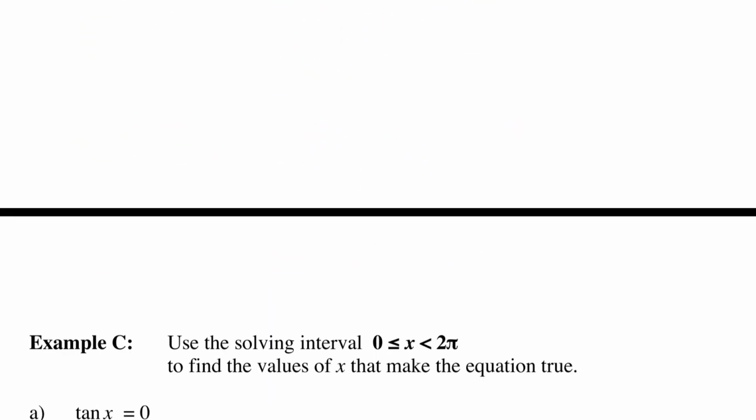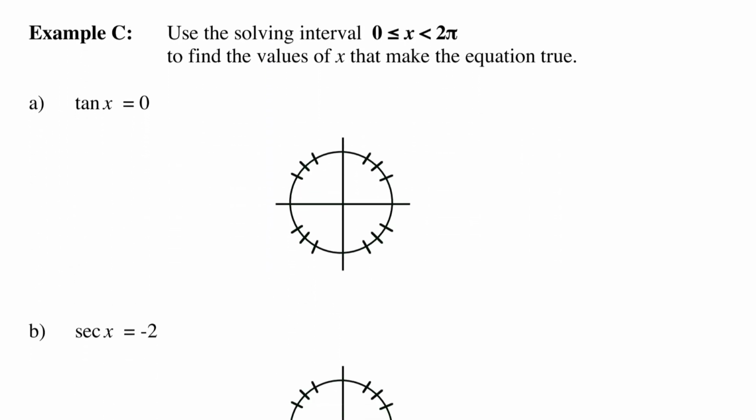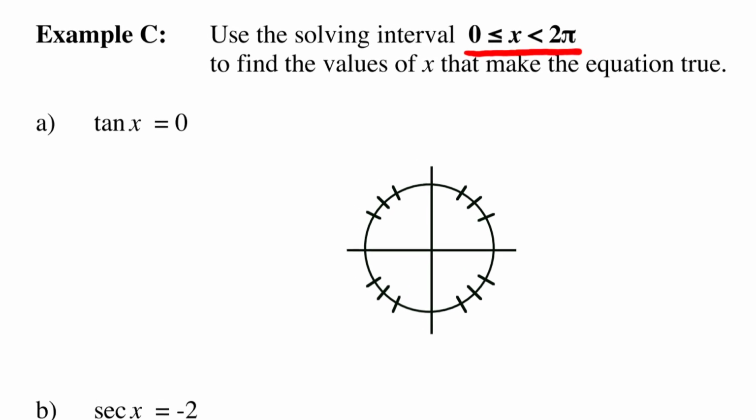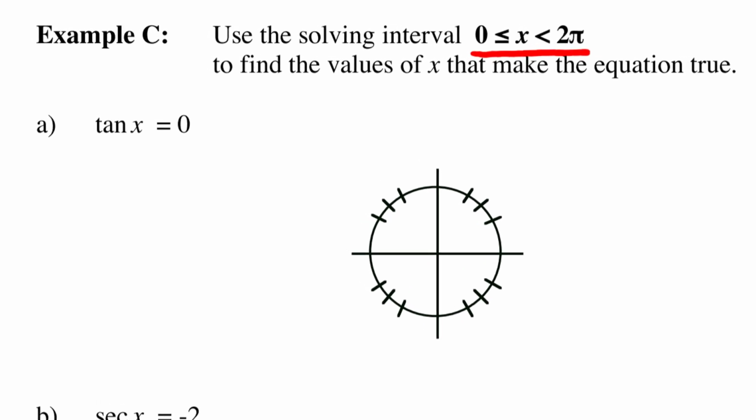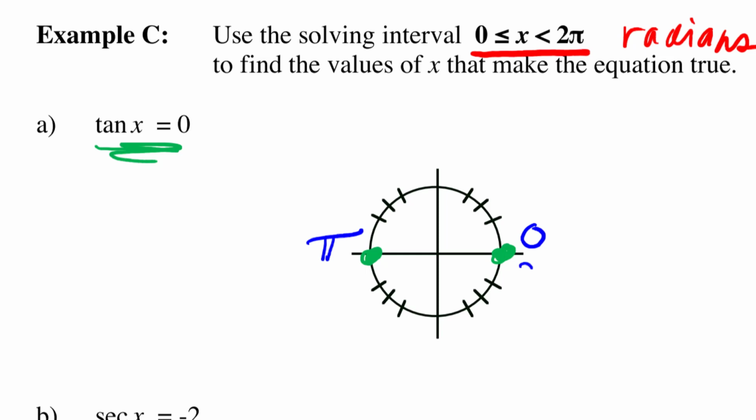In this next example, our solving interval is from 0 to 2 pi. Again, one full unit circle, but we're talking about radians this time. Tangent of x being equal to 0 occurs at 0 and at pi. Oh yes, also at 2 pi.